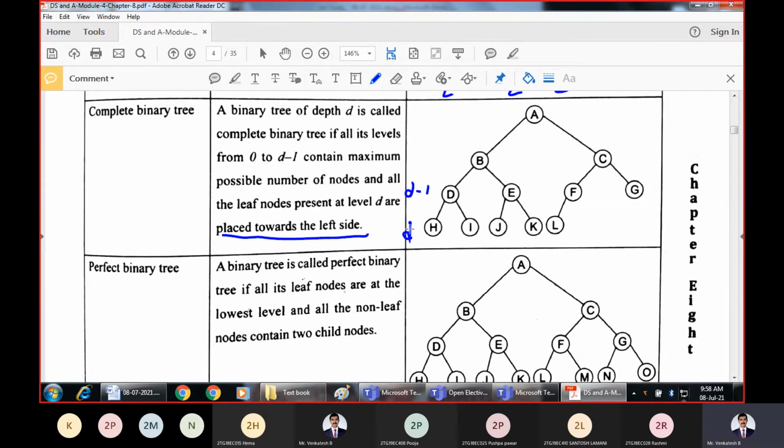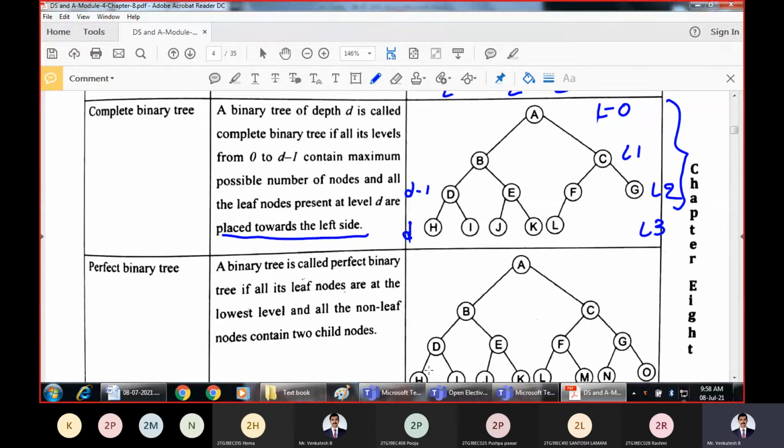Say for example, this is the last level, the maximum level D, and before that all these are levels. How many levels do we have? This is level 0, this is level 1, this is level 2, and this is level 3. Now what the definition says: all its levels from 0 to D minus 1, that means from here to here, the first 3 levels, are completely filled.